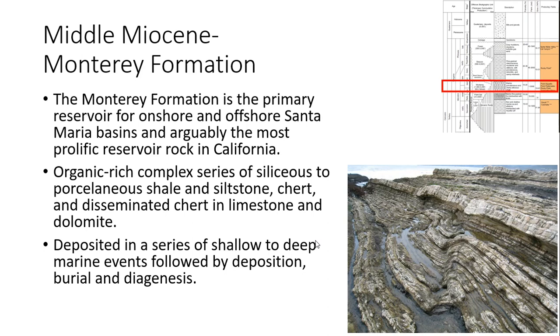The Monterey Formation is a primary reservoir for production, and it's an organic-rich complex of siliceous to porcelaneous shale and siltstones and cherts and disseminated chert in limestone and dolomite. And these were deposited in a shallow to deep marine environment, followed by deposition, burial, and diagenesis. So again, if you remember when I showed you the diagram of the middle Miocene, we were in that shallow to deep marine environment.